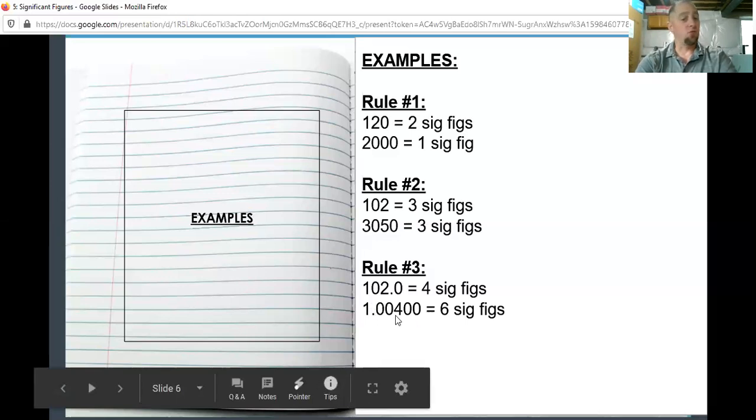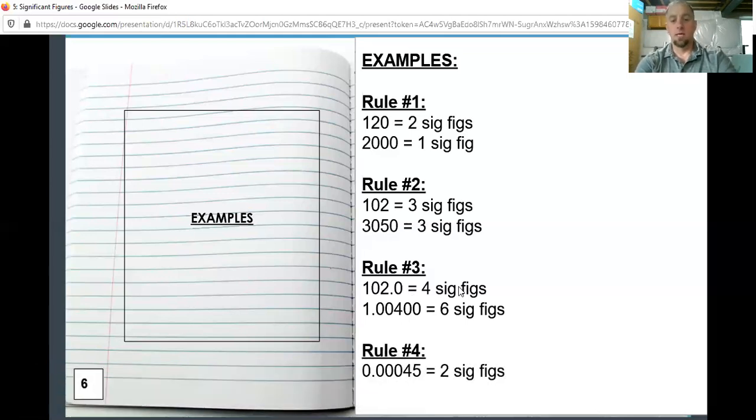These 2 zeros obviously are going to be significant because they're in between 2 significant digits, the 1 and the 4. So for that value, we have 6 significant digits, okay, even though we have those 2 zeros on the end. Remember, if it's to the right of a significant figure and to the right of a decimal point, those zeros are significant.